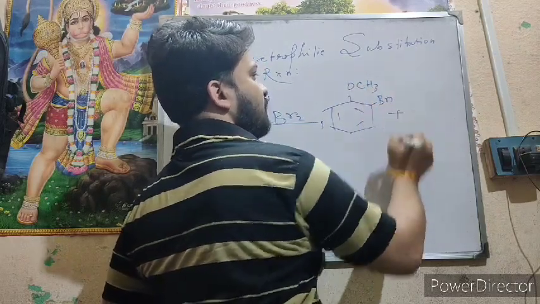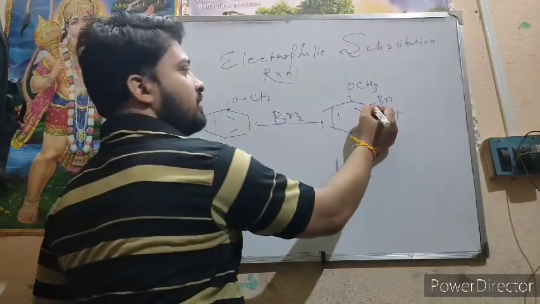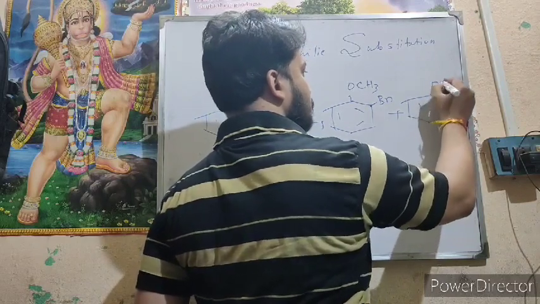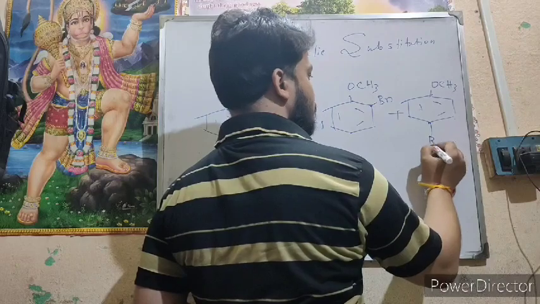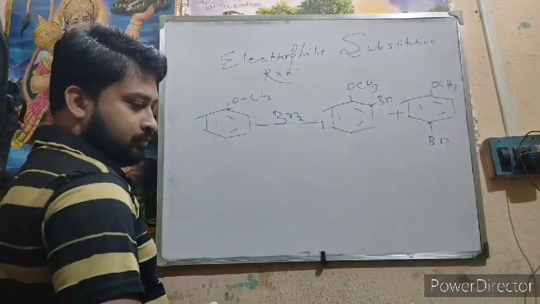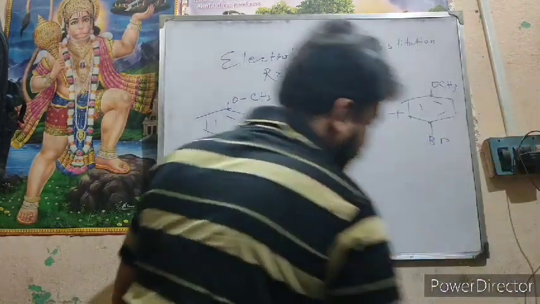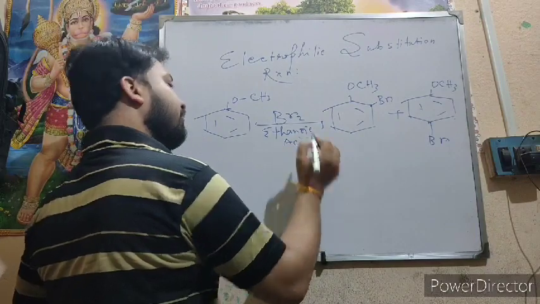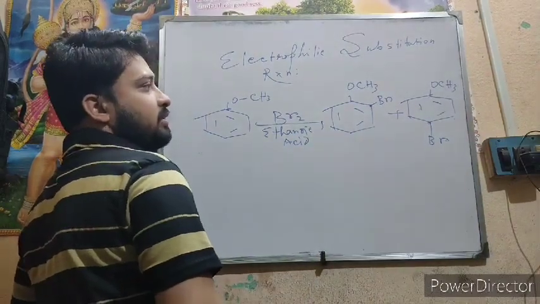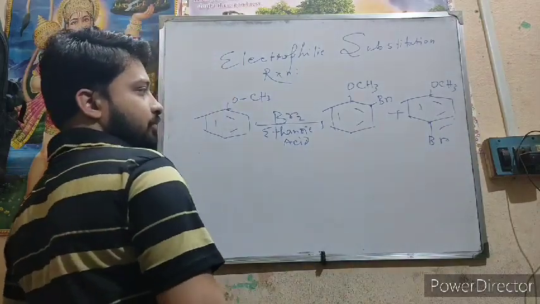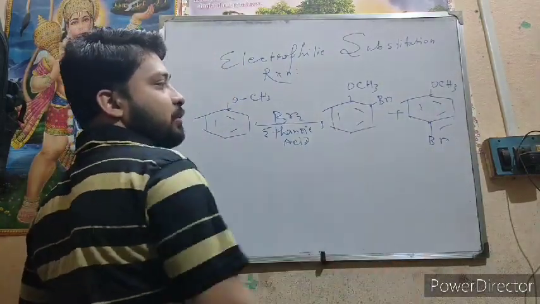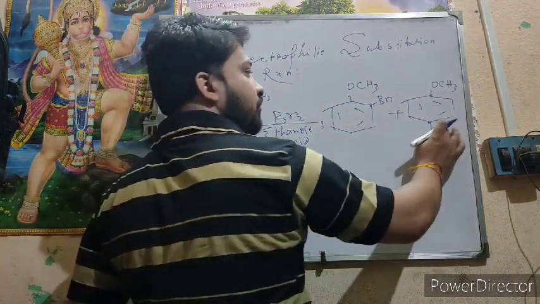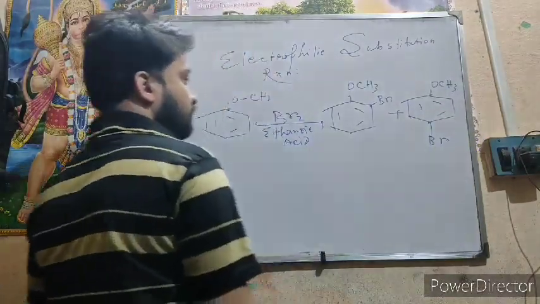There is nothing complicated. One is on the ortho position and another is on the para position. You use an acid, that is ethanoic acid. What is the major product? This is the major product, because this is symmetrical. The repulsion force is less. It depends on repulsion force.